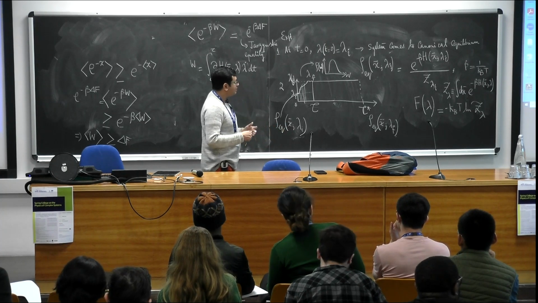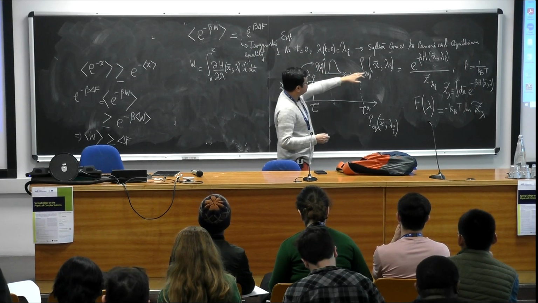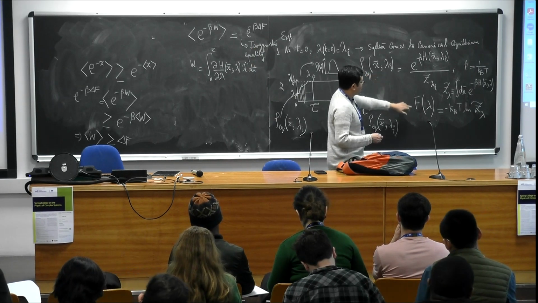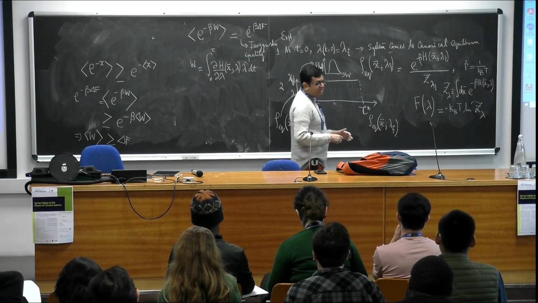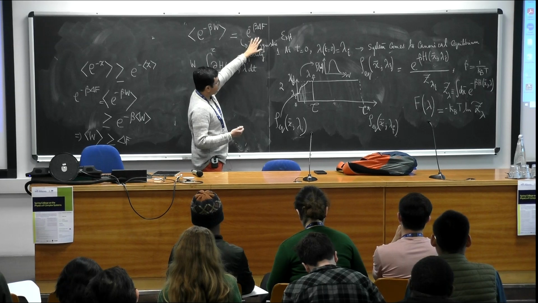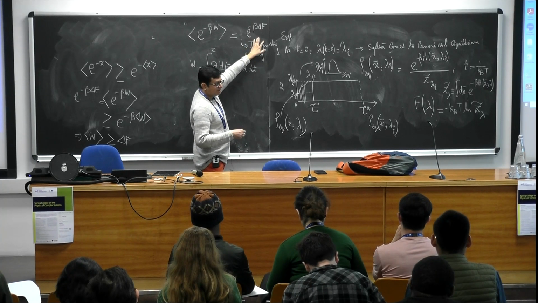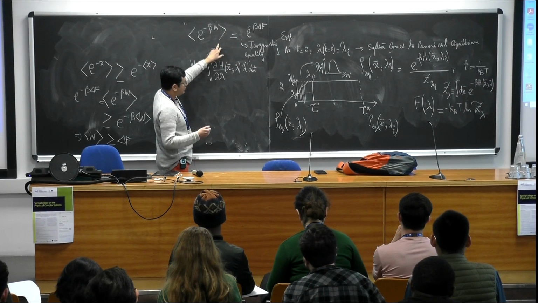It doesn't depend on how the system gets there. So to compute delta F, I need to take the canonical equilibrium distribution, compute the partition function and take the log of it. It doesn't care about how lambda changes as a function of time. So the right hand side doesn't depend on the way lambda changed as a function of time, and so is the left hand side. That is one.